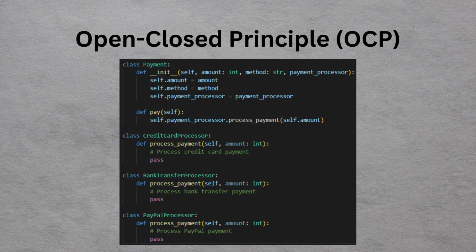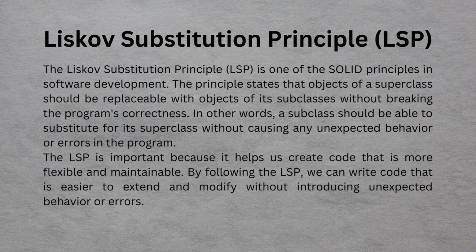By using the strategy pattern, we can add new payment methods by creating a new payment processor class and passing it into the Payment class constructor. This way, we are extending the behavior of the Payment class without modifying its existing code, which adheres to the OCP.